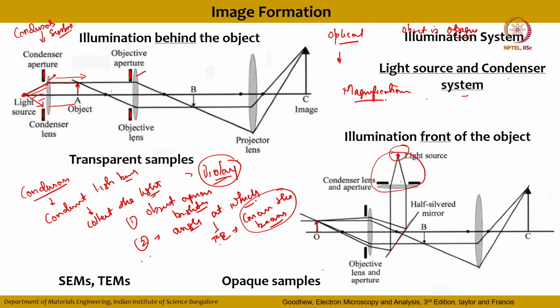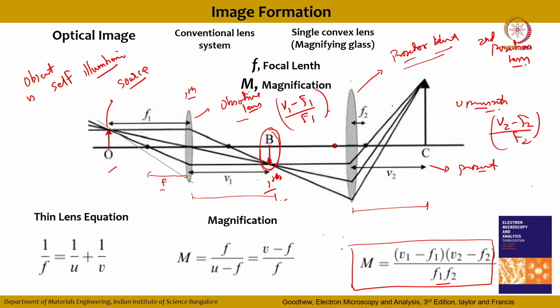So in light microscopes, as in this equation, usually the variation of V1 and V2 is very difficult in optical microscopes, but F1 and F2 is feasible.